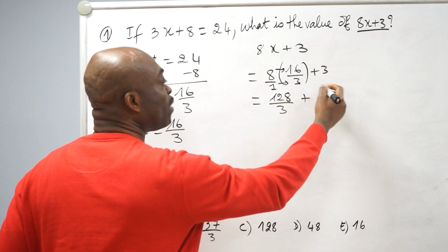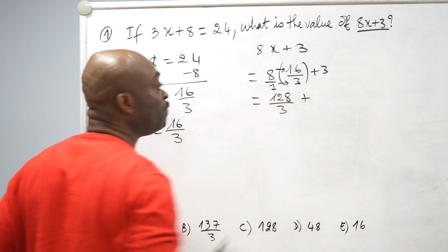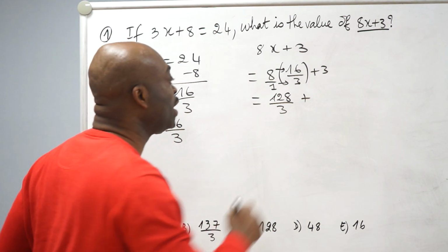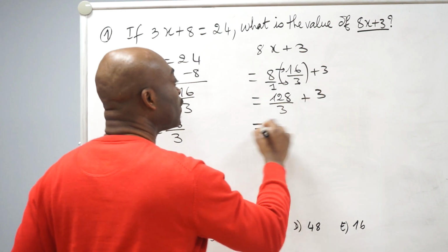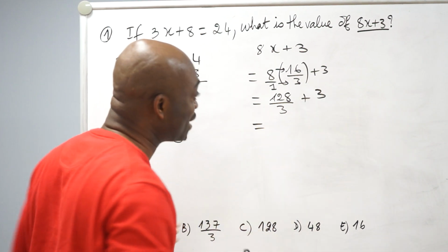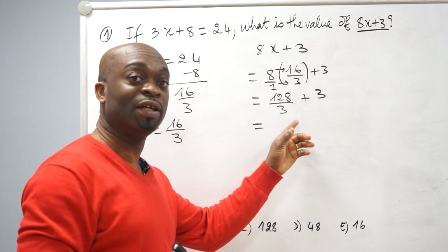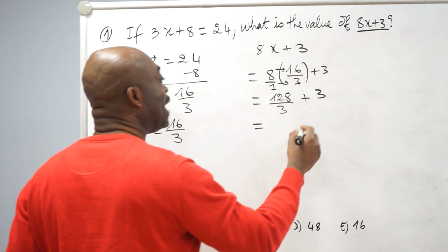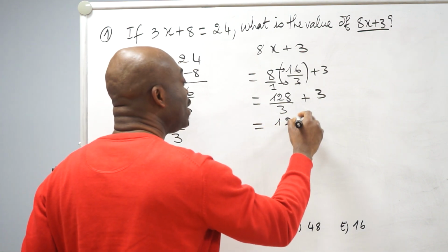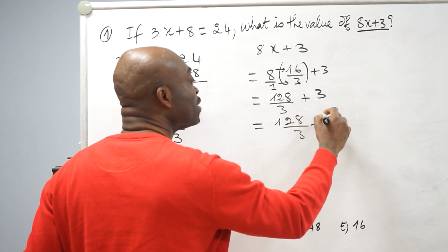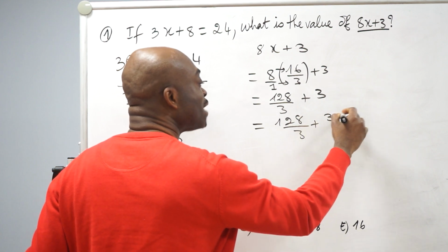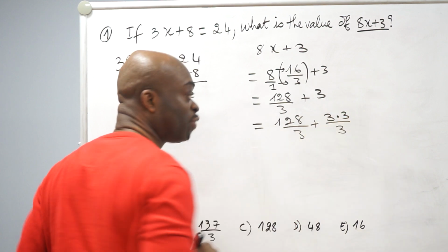All right? And how now are we going to work with the 3 here? So 3 here is a whole number, which has an invisible 1 underneath, so we've got to find the lowest common denominator, which is 3, right? So if 3 is the common denominator, that means you have 128 over 3 plus 3 times 3 over 3, right?